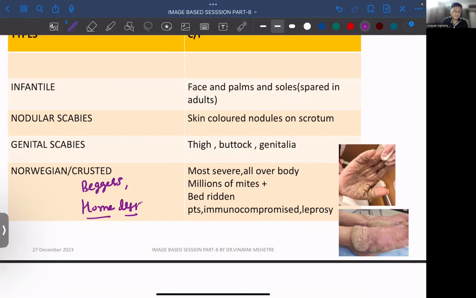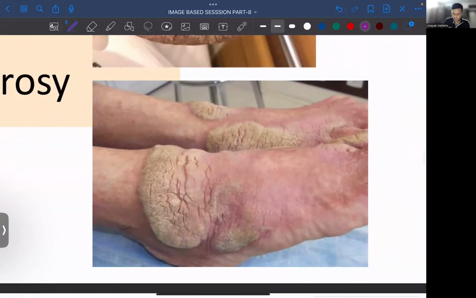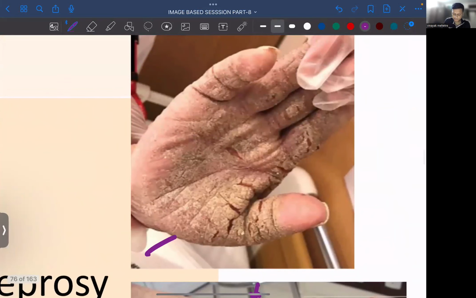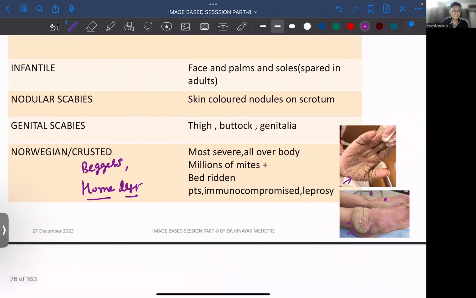These people will come with the most severe form of scabies. It looks like there is a mountain of scabies on their hands, on their palms, on their body, and there will be so much itching. Actually, these patients are immunocompromised, or infected with HIV.